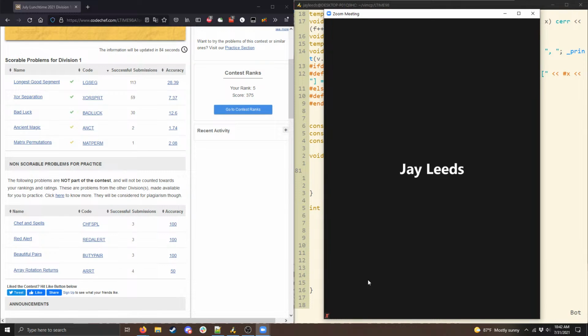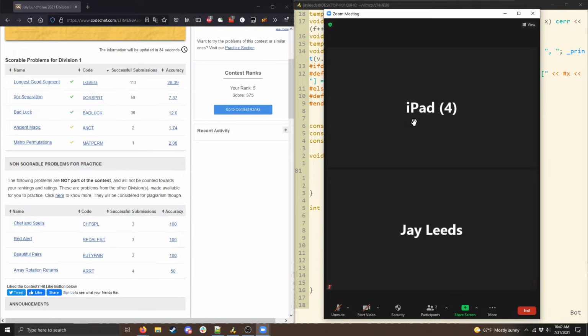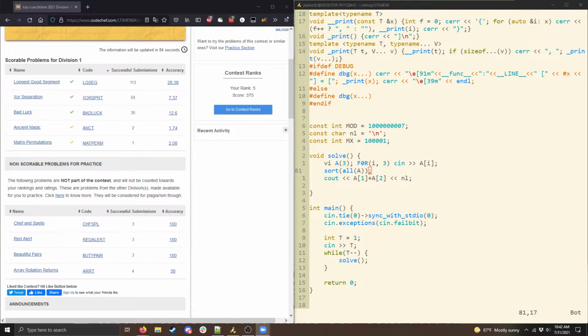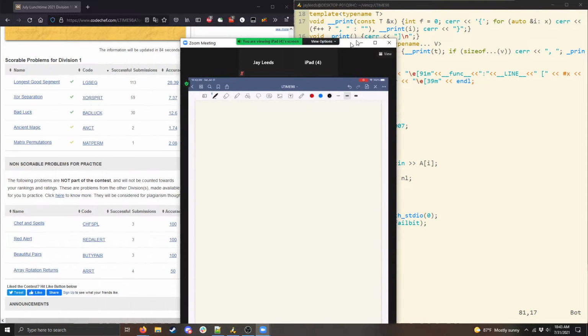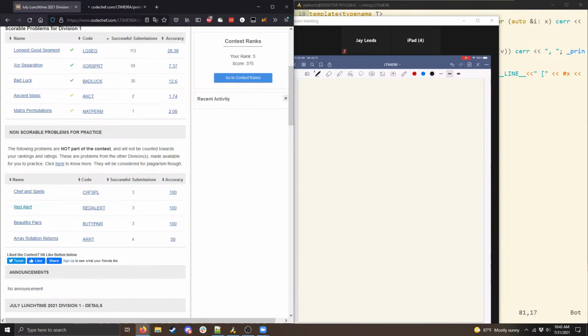Okay, so iPad can share, and okay. All right, perfect. Okay, so now let's look at the second problem. Sorry about that delay.